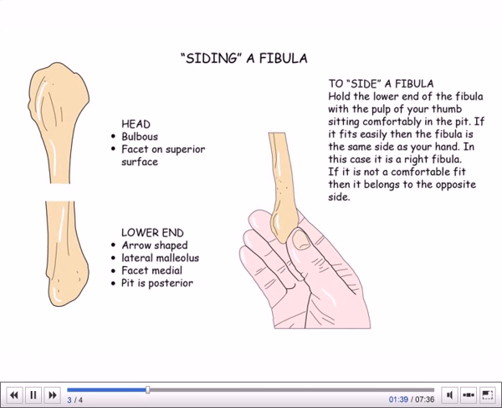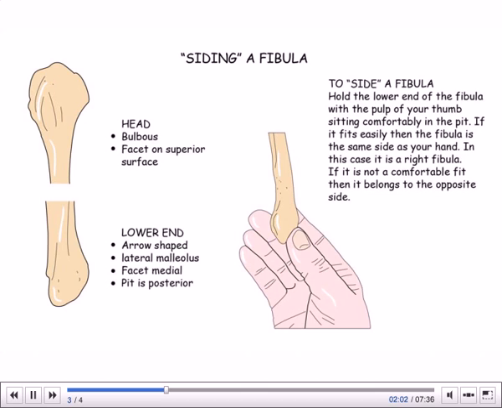Now let's pass on to a method of deciding which side of the body a particular fibula fits with. The general description of the fibula will be that it has a head at its upper end. This is rather bulbous, and there is a facet, of course, the superior surface for the superior tibiofibular joint.